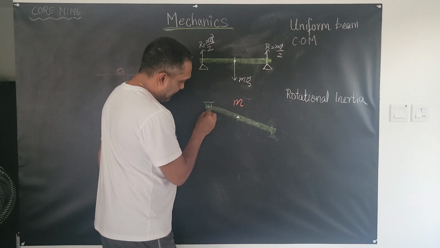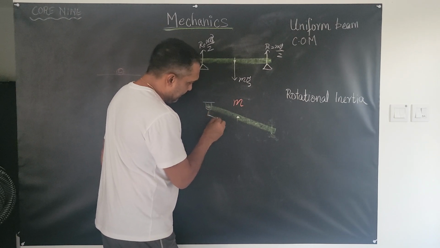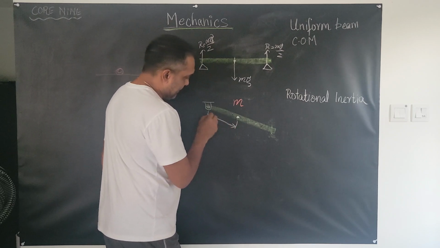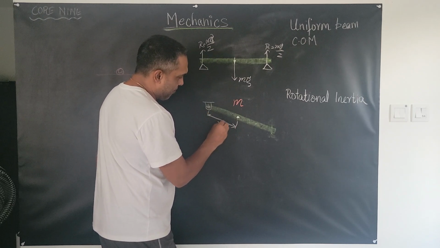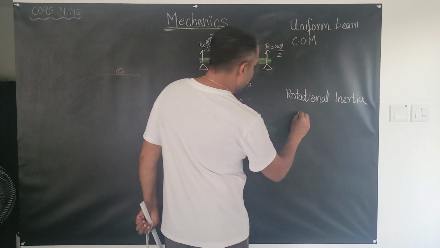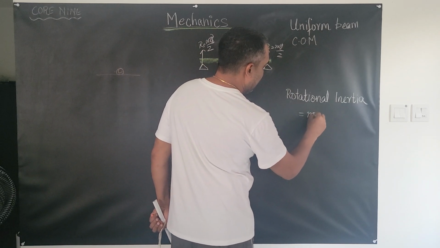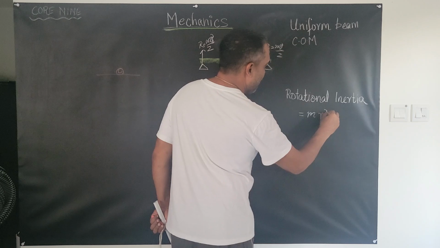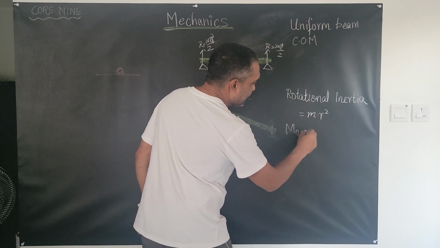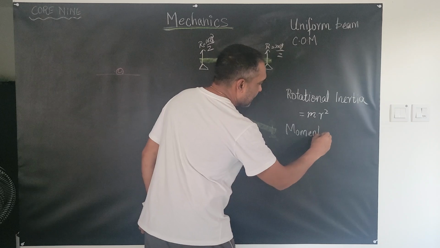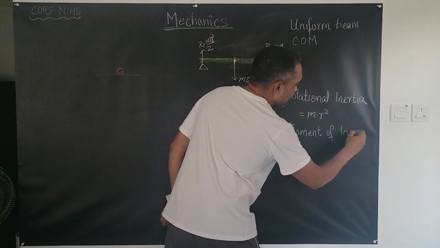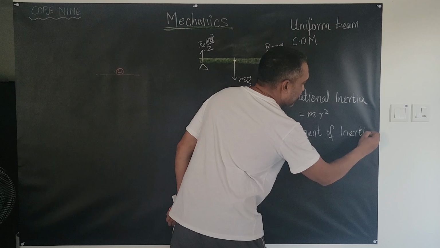If we take that linear distance and call that r, rotational inertia would be equal to m times r squared, also called the moment of inertia.